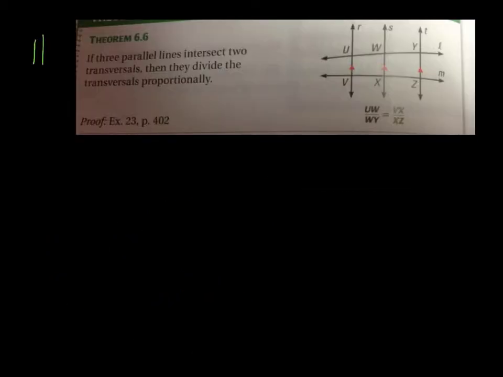So now we're looking at our third theorem and our third type of problem that we are going to see. This one deals with 3 parallel lines. I can see R, S, and T are my 3 parallel lines, and they're being cut by 2 transversals, M and L. This theorem says that the transversals will be divided proportionally. So again, we look at one transversal at a time.